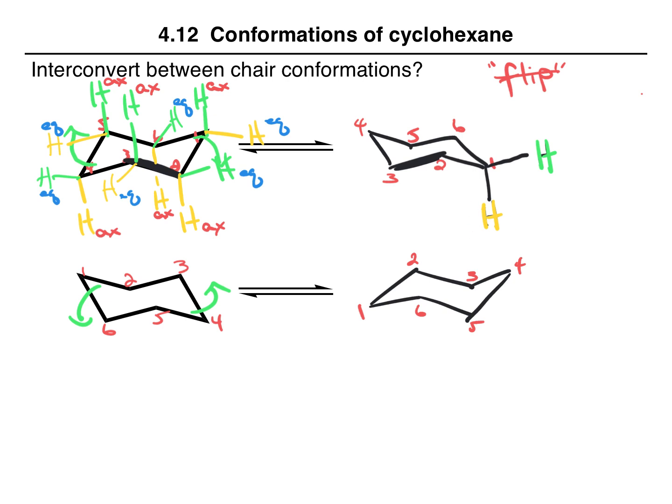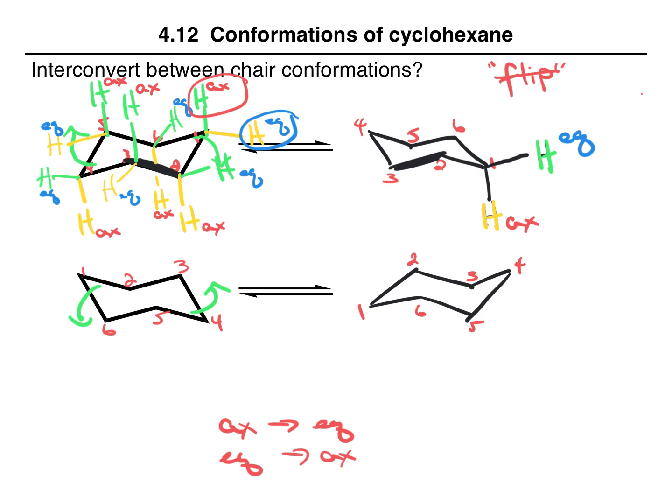But notice what did change is that here our green hydrogen was axial, but now it is equatorial. And our yellow hydrogen was equatorial, now it is axial. So whenever you do a correct ring inversion, your axial will become equatorial and your equatorial will become axial.